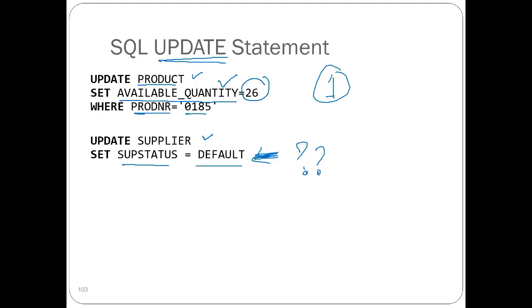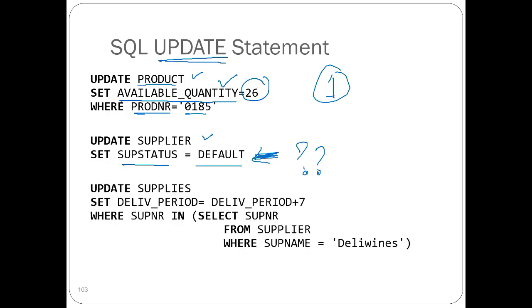So when we were creating this table supplier, when we defined the attribute supplier status, we should have mentioned supplier status varchar 35 or whatever, and then default some value, right? So in this update statement, we want the status to be set to default for all the records, which is whatever default value we have.